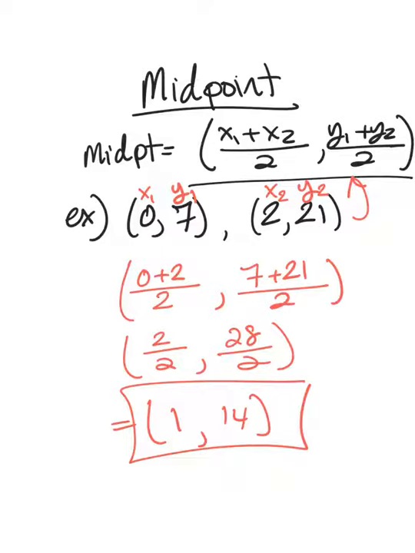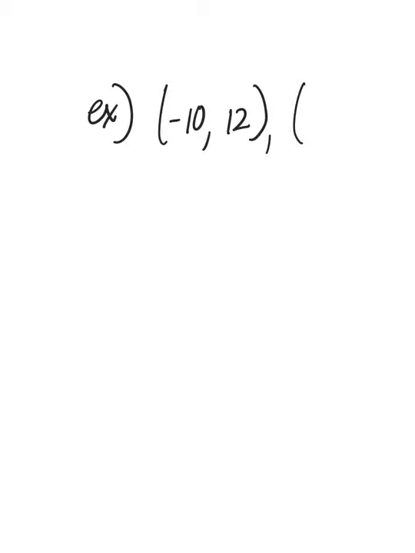Let's do another example. Let's say I had negative 10, 12, and, I don't know, 20, negative 2.